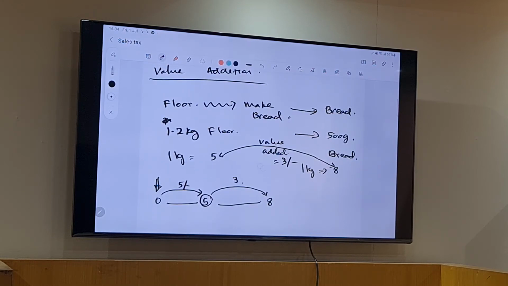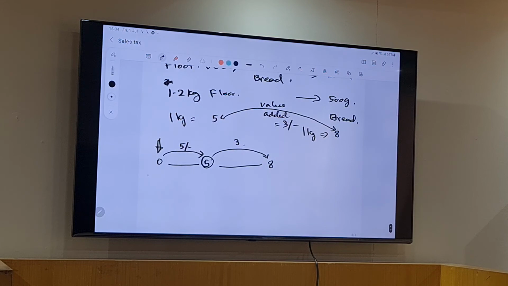See, here I am buying from the retailer. And this is a bakery. And this is a bread shop.